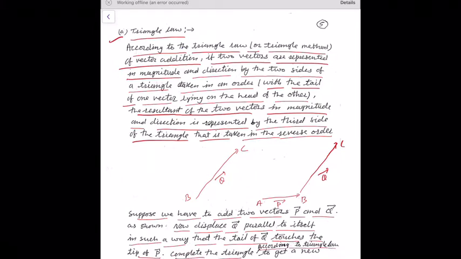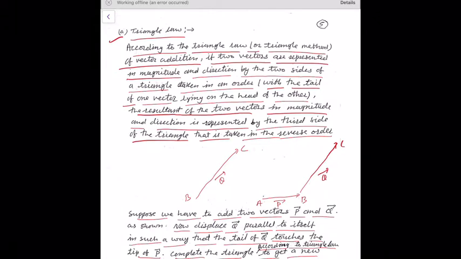Complete the triangle according to triangle law to get a new resultant vector. P plus Q is equal to R vector, running straight from the tail of P vector to the tip of Q vector.